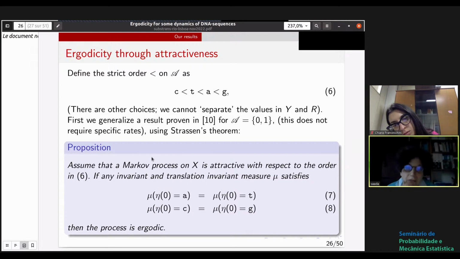It's the fact that if you have a Markov process which is attractive with respect to some order, so let's take this order, then if any invariant and translation invariant measure satisfies that mu of eta 0 equal A is equal to mu of eta 0 equal T, and mu of eta 0 equal C is equal to mu of eta 0 equal G, then the process is ergodic. So you see that A and T are in the middle here, and that C and G are the extremes here.